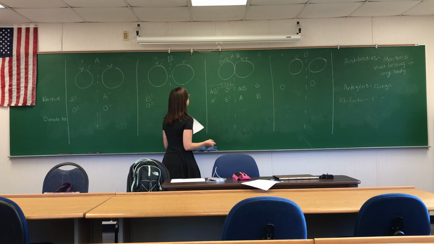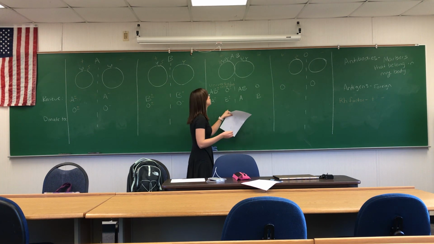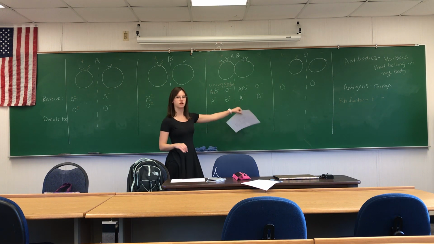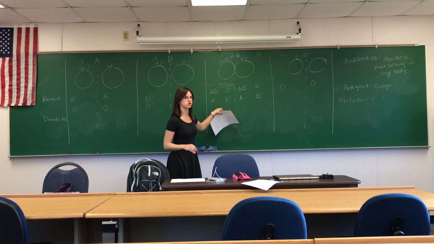Which is pretty cool. And then AB negative is not the same as AB positive. So AB negative can only receive from anyone with a negative. Because it can receive either A or B or O, but it can only receive the negatives. So it's like half of a universal recipient.